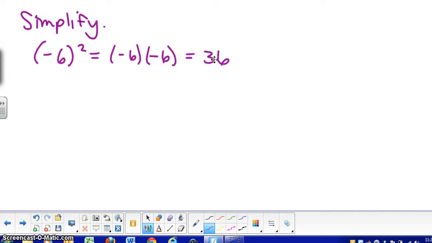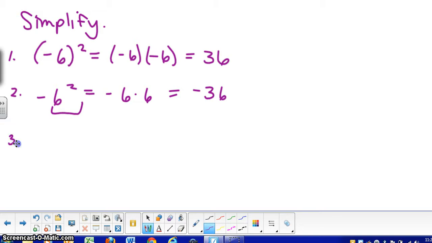Okay, and then on the other hand, that was example 1, so example 2, on the other hand, what if you have no parentheses? Well, order of operations says that the only thing that squared is attached to is the 6. So you're really multiplying a negative, and then you're multiplying 2 6s together, which gives you an answer of negative 36. So be really careful with your parentheses.